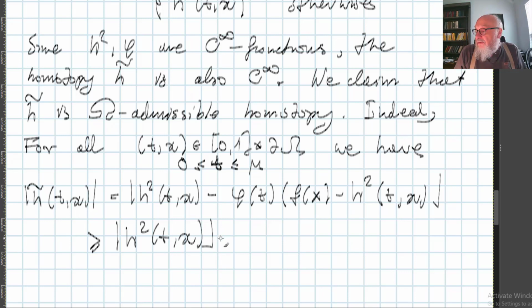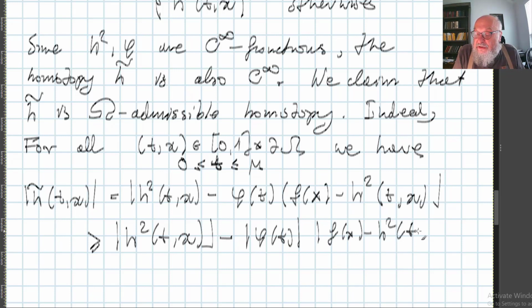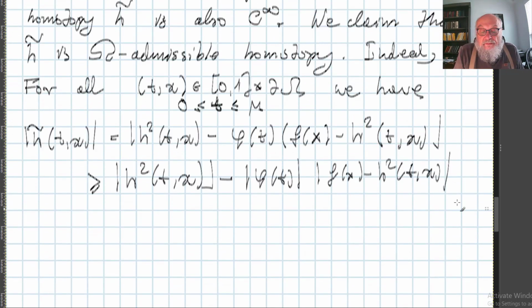And this one is minus, and I can just drop the guy here, so this will be phi of t smaller than 1, so maybe let's write it down first, that one, and this will be f of x minus h2 t of x. So now, let's rewrite it.